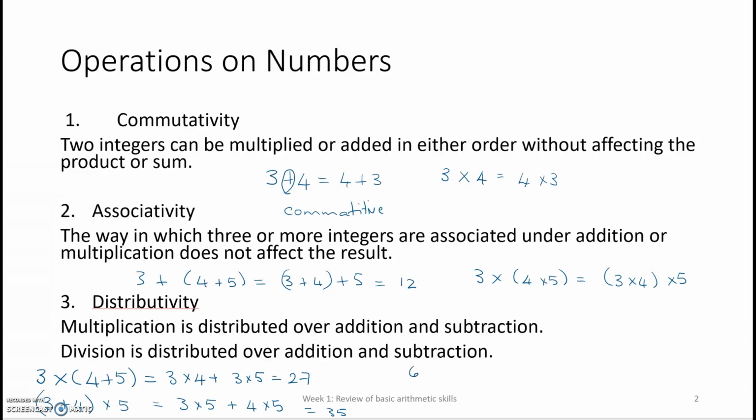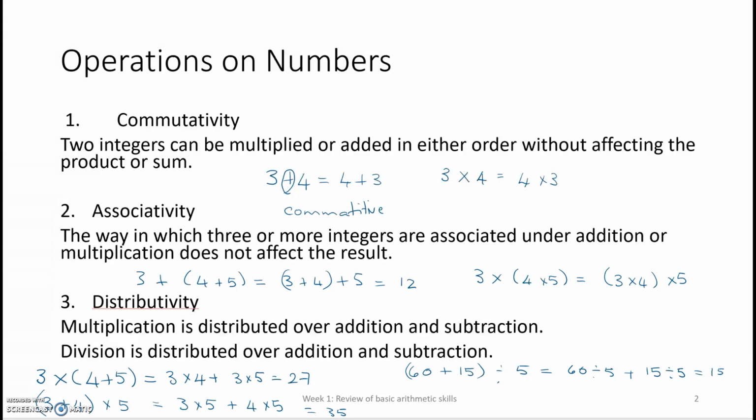If we've got 60 plus 15 divided by 5. Now, you can do that on a calculator, but when you've got x's and y's, you can't. So you need to know what to do. So what this is equal to is 60 divided by 5 plus 15 divided by 5, which, if you use a bit of paper, that's 15.